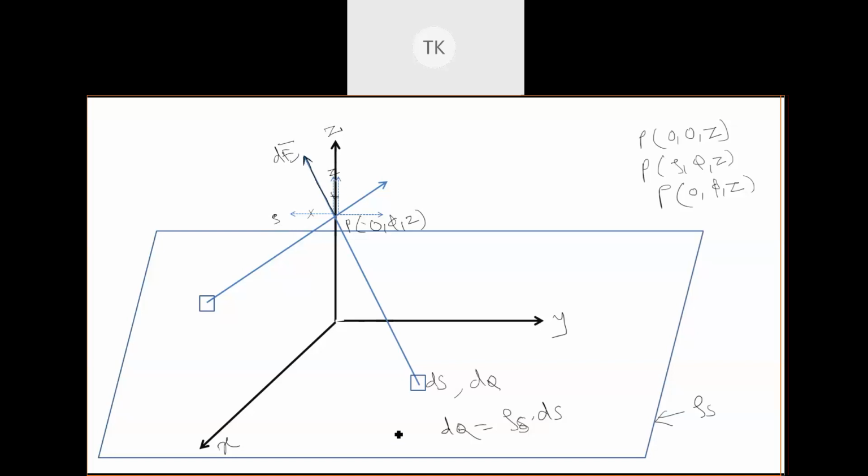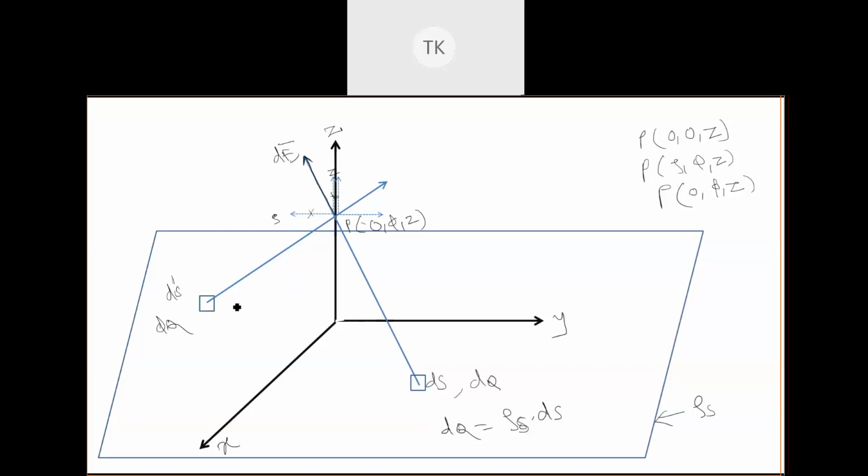If you consider the exact opposite differential surface area for this ds, it will lie on another part, that is ds dash, which also contains dq amount of charge.